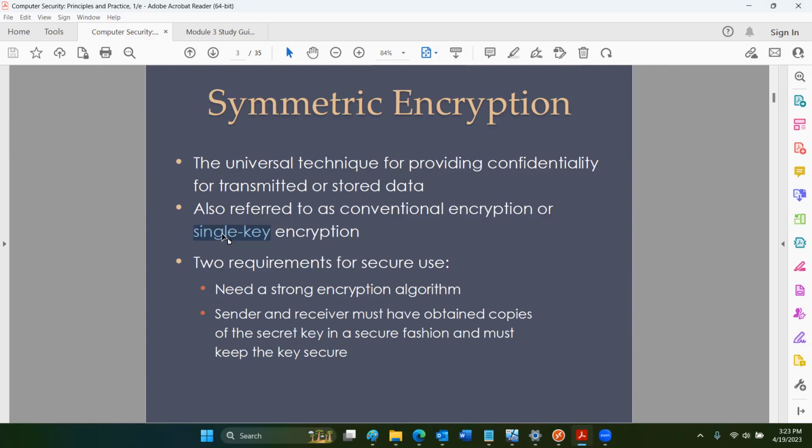The important thing to understand about single key encryption is that it's easy to implement, but the key security is the big problem or the big challenge, right? The sender and the receiver have to have copies of that secret key, and it has to be transferred between parties in a secure fashion, right?